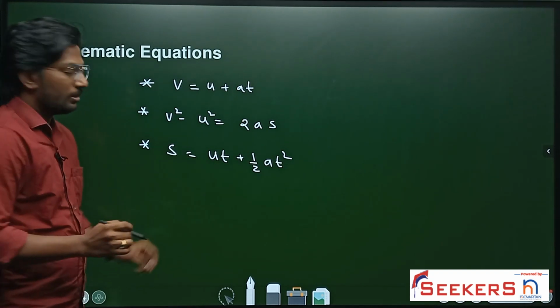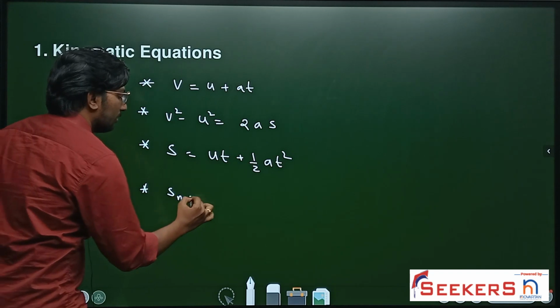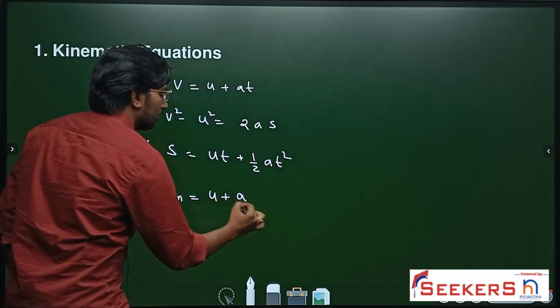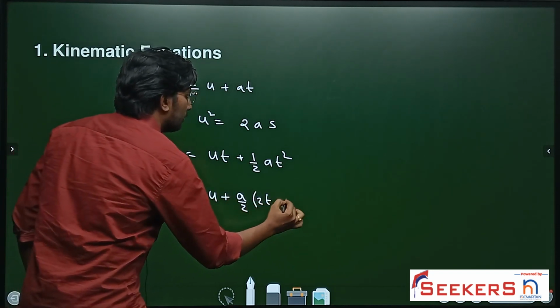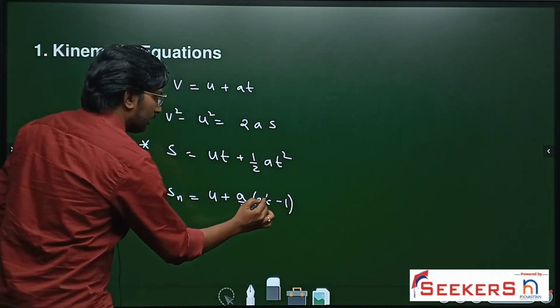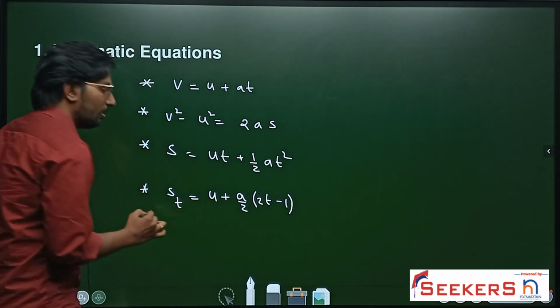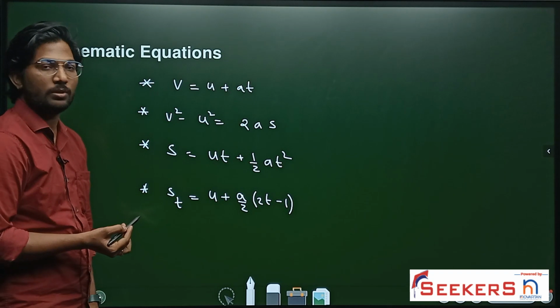Major three equations. There is also one more equation, S_n = u + (a/2)(2n - 1), or you can write it as S_t = u + (a/2)(2t - 1).